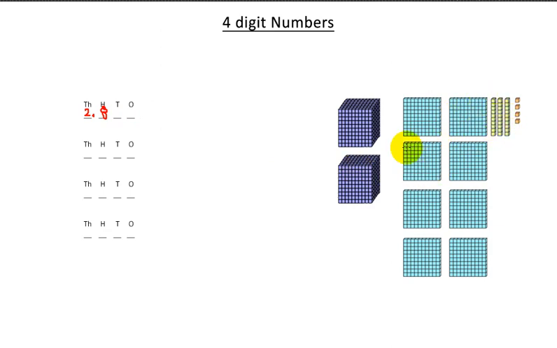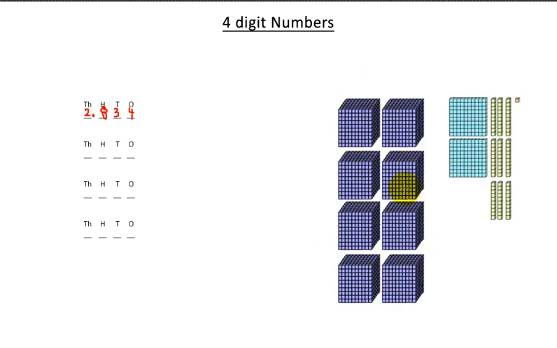Then we have the tens. So there's 3 tens. I'm going to put 3 here. And the ones. I have 4 ones. So how many blocks are here? 2,834. Great.